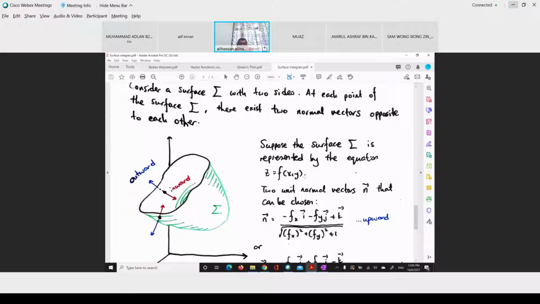Suppose this is at time t, and this is at time t plus h, as the time varies from t up to t plus h.